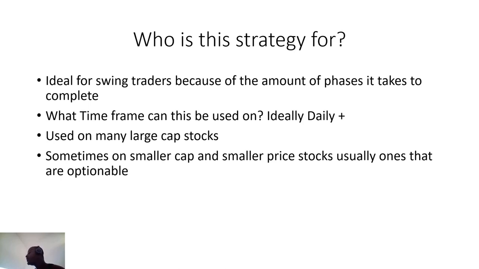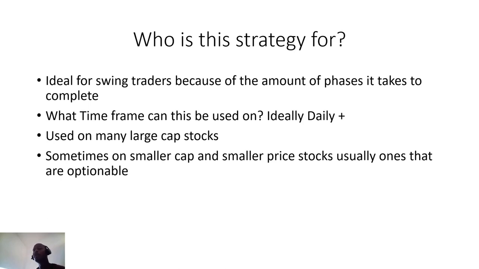So those of you who trade larger cap stock markets, you know me, I'm a momentum trader and I trade small caps, so I don't utilize this strategy a lot, but I do utilize it when I'm swing trading. Sometimes it can work on smaller cap stocks. The price of the stock matters as well, especially ones that might be optionable. It typically is a good method to try on those too.